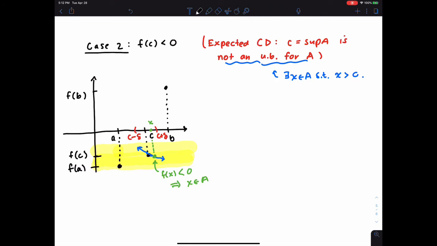So our proof is just going to be choose epsilon such that V epsilon of f of c lies entirely below the x-axis.